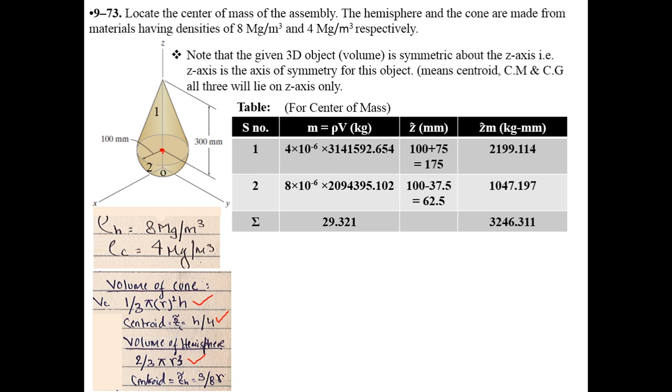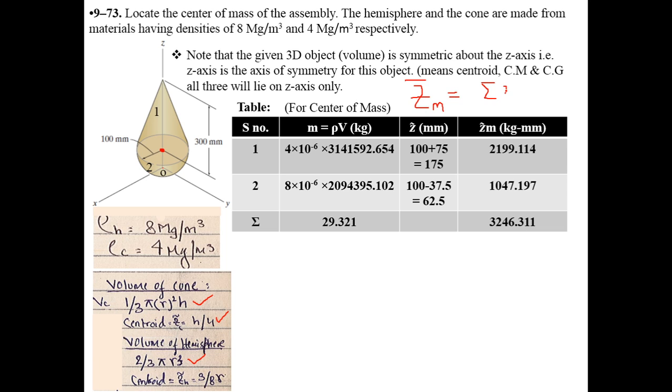Since the center of mass is going to lie on the z-axis, because this volume is completely symmetrical about the z-axis, everything will lie on the z-axis: centroid, center of mass, and center of gravity. So in order to find the center of mass of this composite volume, we have to use this formulation.